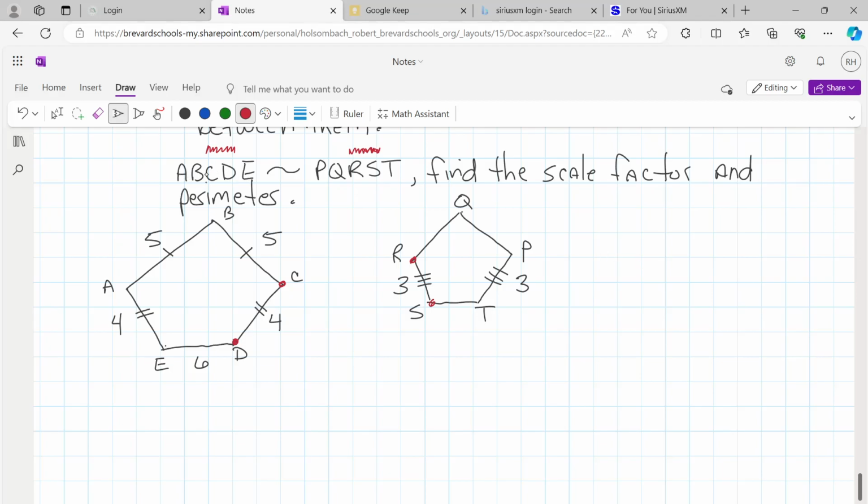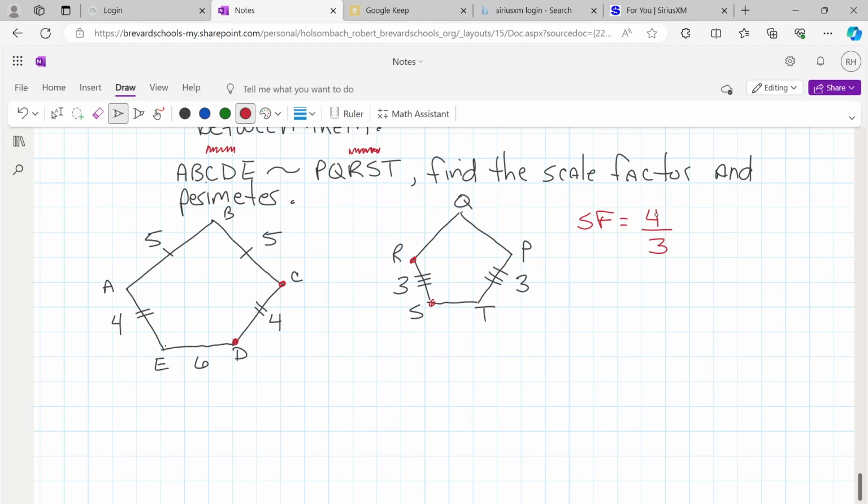Since ABCDE is listed first, then that dimension goes in the numerator. So CD is 4. Our scale factor is equal to 4 over R to S is equal to 3. So all we do is find two corresponding sides with dimensions, and we write them as a fraction, and that's our scale factor. If it's not in simplest form, you want to simplify it.